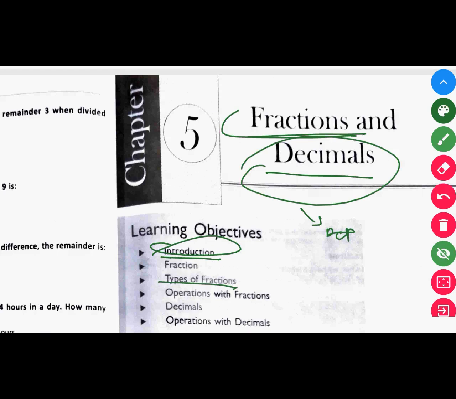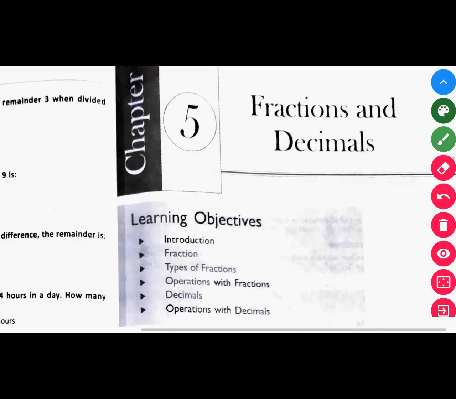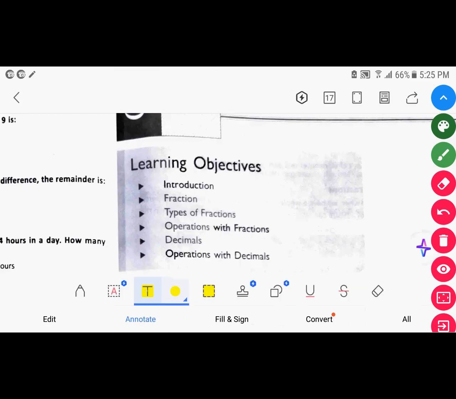Then types of fraction we are going to learn, operations with the fractions like addition, subtraction, multiplication and division, and we learn about the decimal and the same operations with the decimal, addition, subtraction, division and multiplication of the decimal numbers.